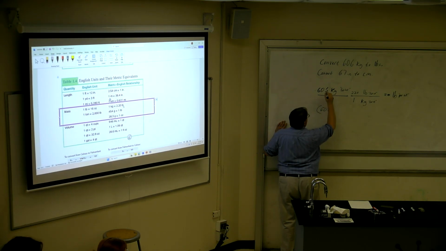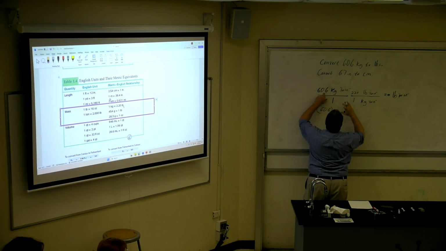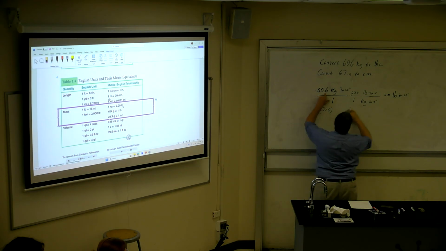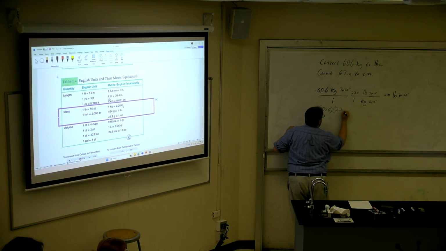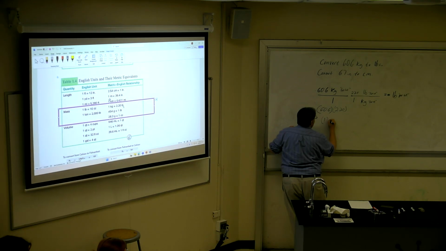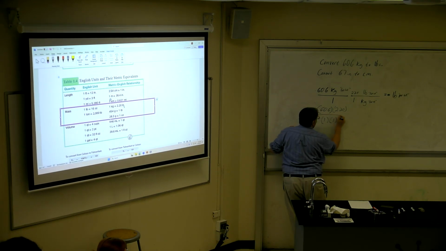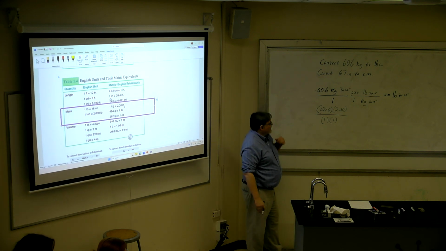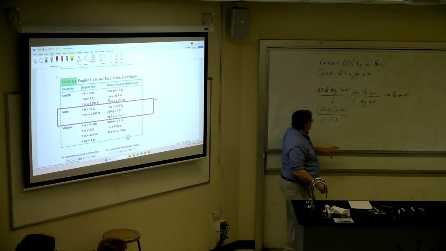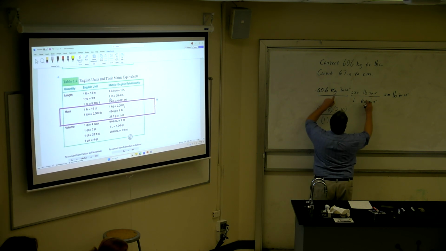I like to rearrange it where I have the numerical values. So from here, I got this numerical value. From here, I've got this numerical value. And on the bottom, I have some ones. I usually write them in, even though you're not really going to put them into your calculator and do anything with them.